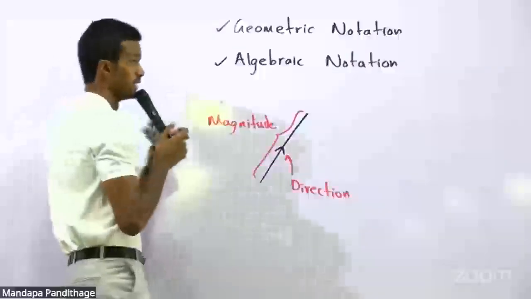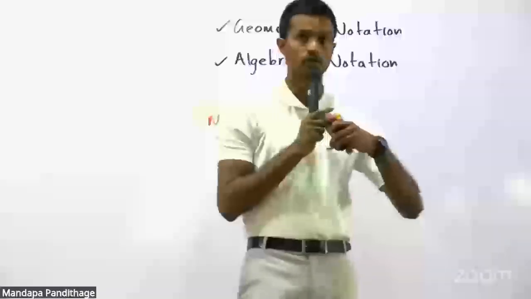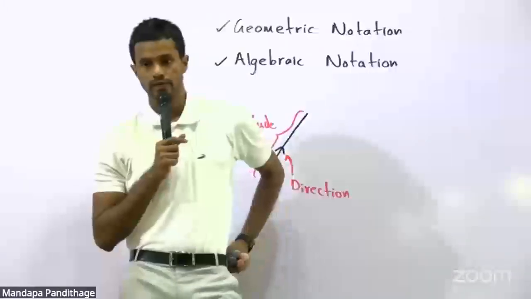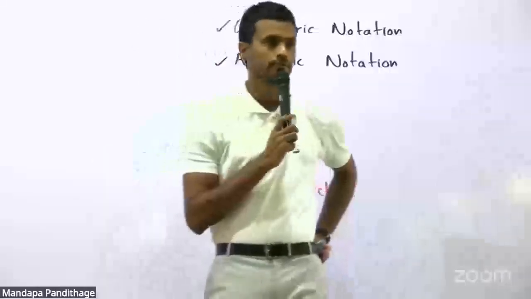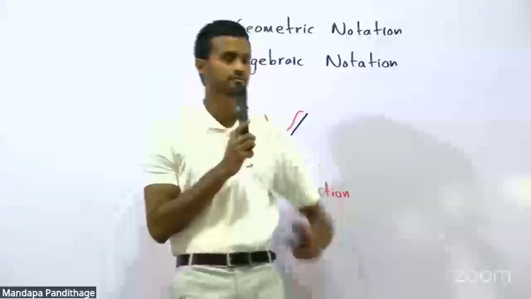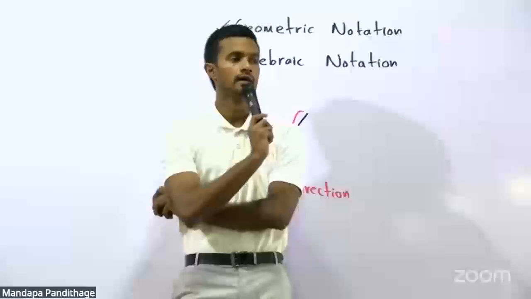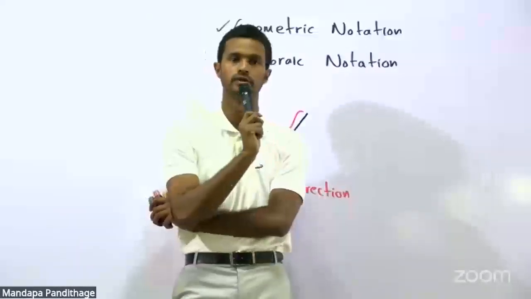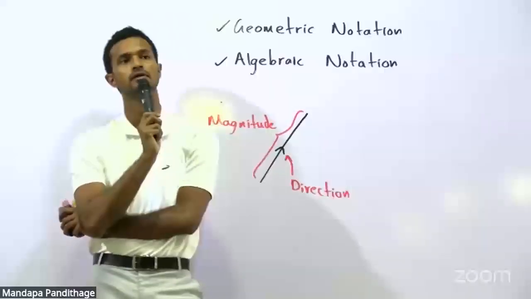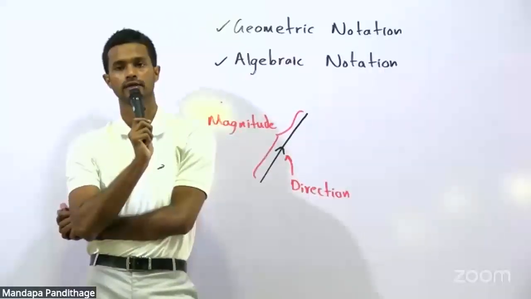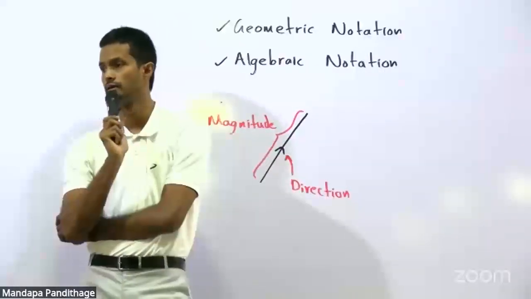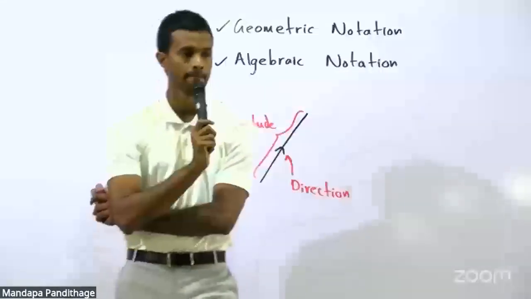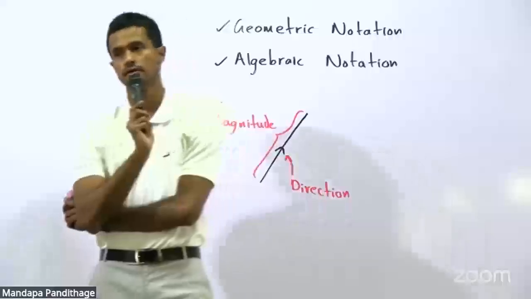Okay, so write in this way: there are two main ways a vector can be denoted. Under that, write the first one using a black pen, geometric notation.